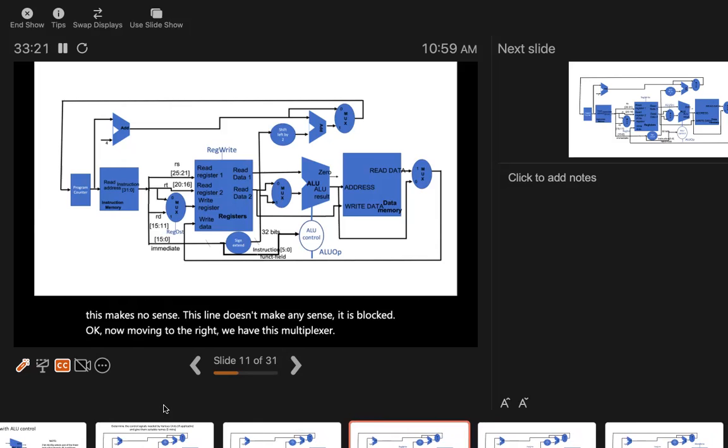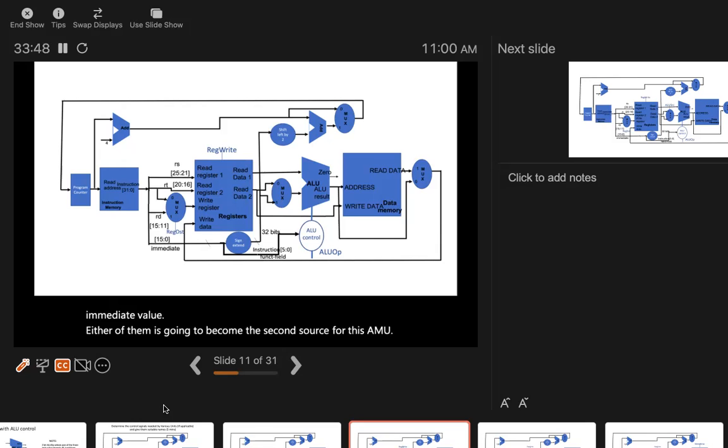Now, moving to the right, we have this multiplexer. Does it require a control signal, Corey? Yes, it will require a control signal. And this is what this mux is doing. Carefully observe. It is selecting between either the read data or the sign extended 32-bit immediate value. Either of them is going to become the second source for this ALU.